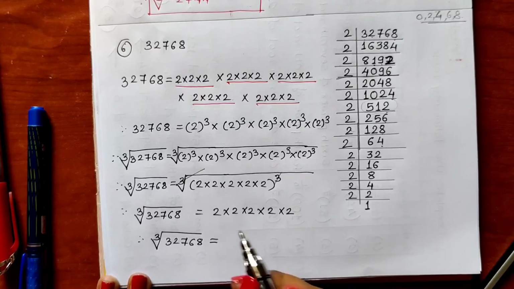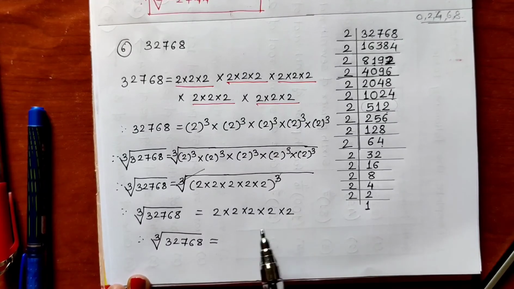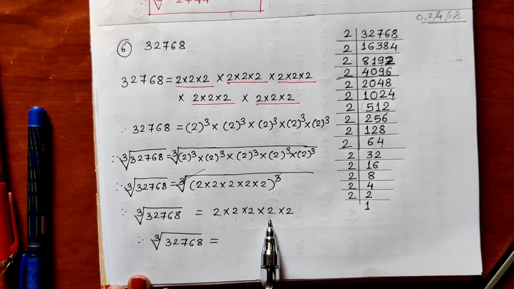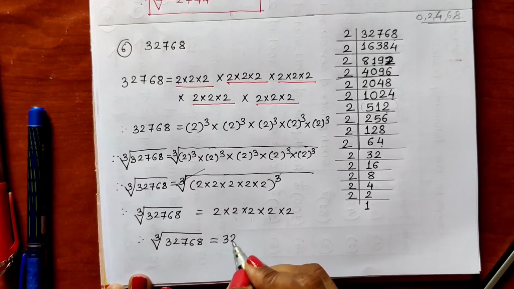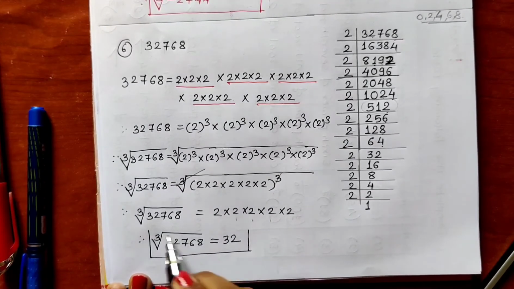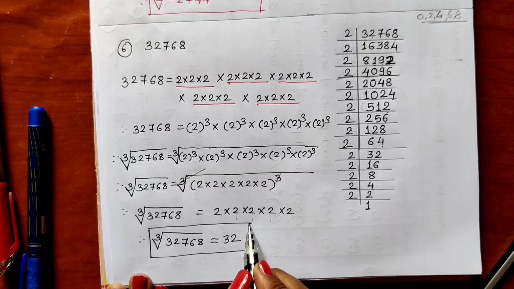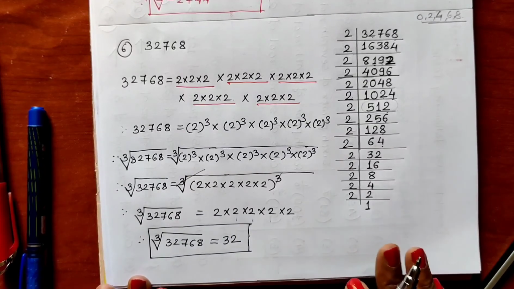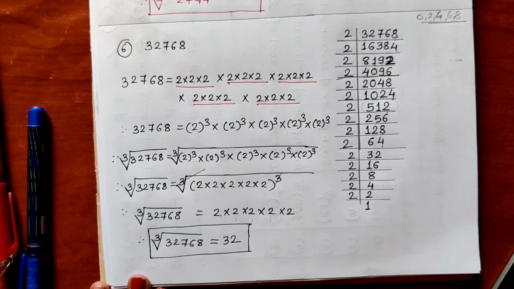What is 2 into 2 into 2 into 2 into 2? 2 2s are 4, 4 2s are 8, 8 2s are 16, 16 2s are 32. In this way we got the answer. So we can find out cube root by prime factorization method.